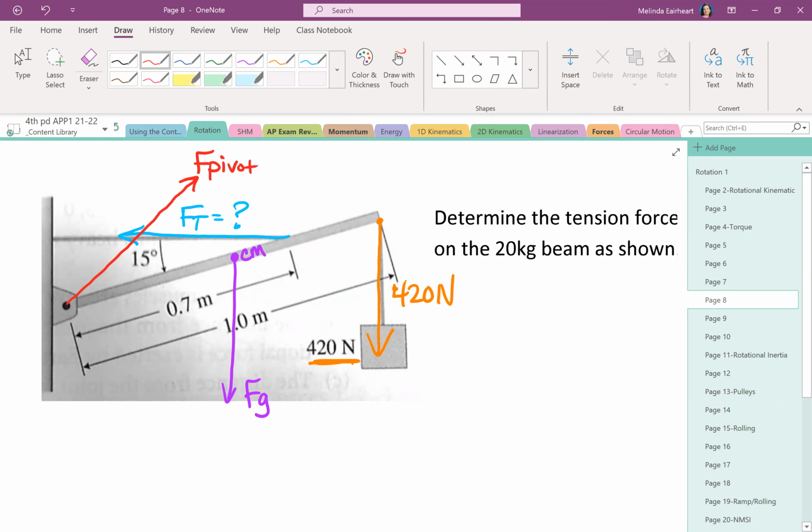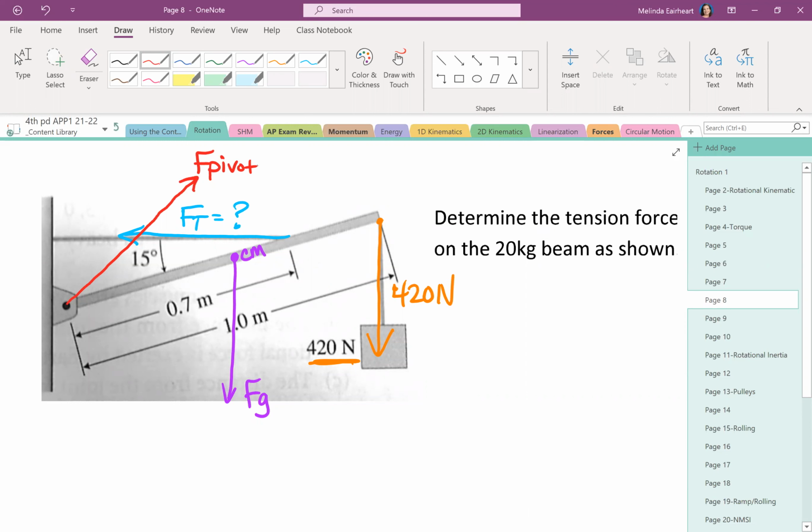And so we're trying to find this tension. Well, I technically have two unknown forces. I don't know the pivot force. So think about that strategy. If you have two unknowns, where am I putting the fulcrum, the axis of rotation? Put it on one of your unknowns. Well, we don't want to put it at tension.